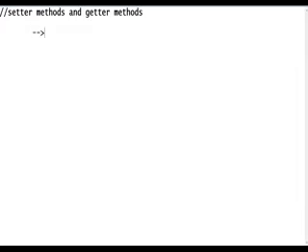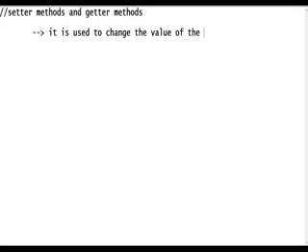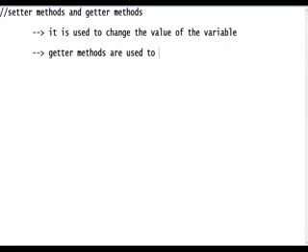A setter method is used to change the value of the variable. Getter methods are used to retrieve the value of the variable, right? Setter methods are used to change the value of the variable, and getter methods are used to retrieve the value of the variable.